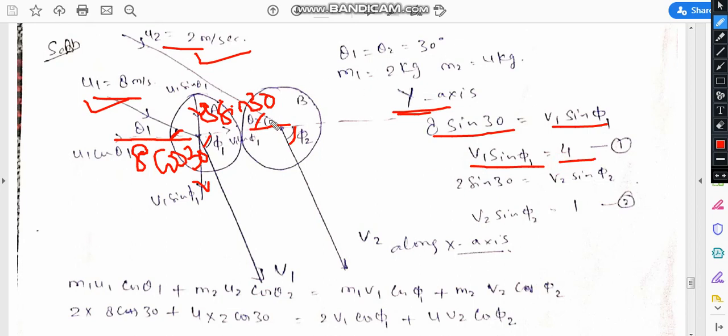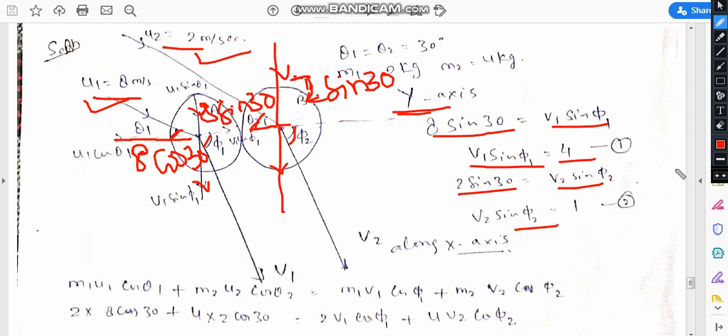Similarly for the second body, 2 sin 30 equals v2 sin phi 2, so v2 sin phi 2 equals 1.